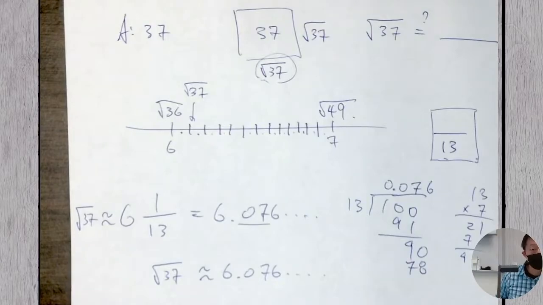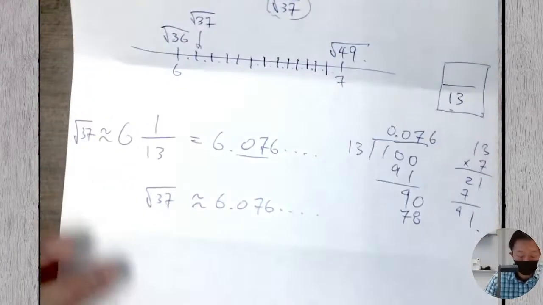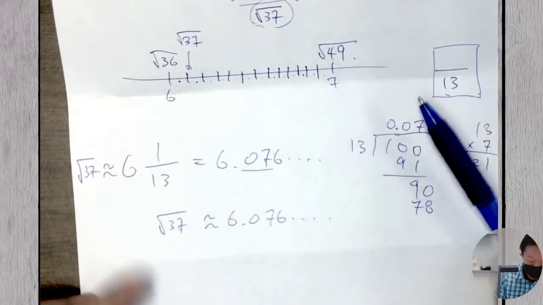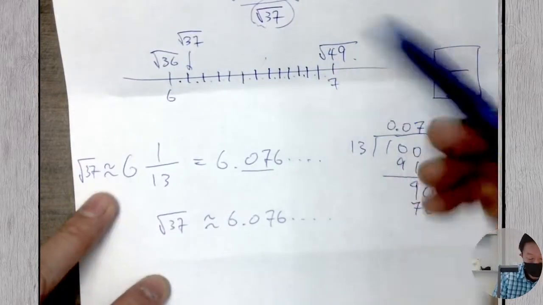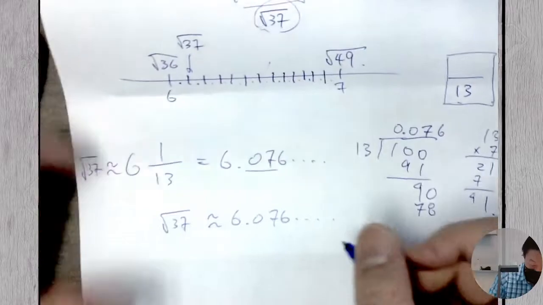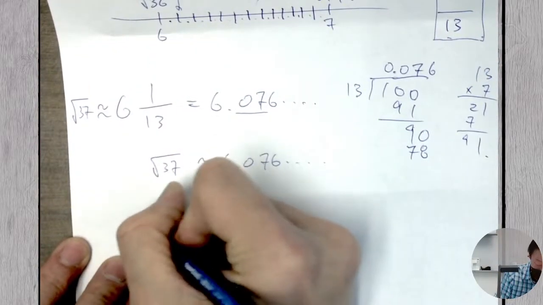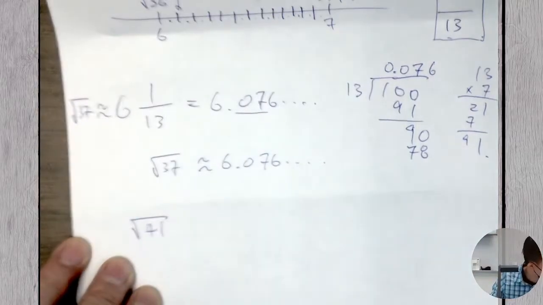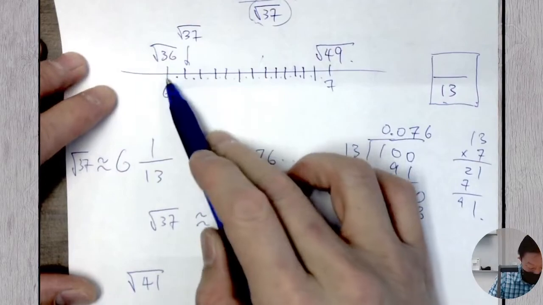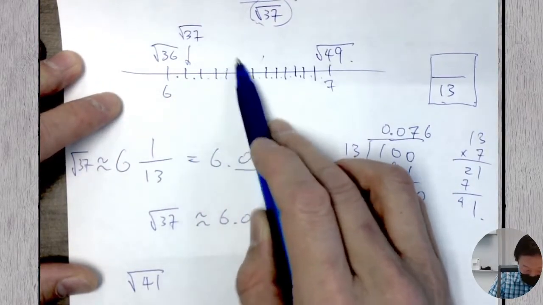All good? Okay, so if I'm asking you and you are not really sure whether this is going to be 6.1 or 6.2, count how many steps and write this as a fraction. Again, if I'm asking you, how about square root 41? In that case, you just have to find where 41 is. 37, 38, 39, 40, 41.